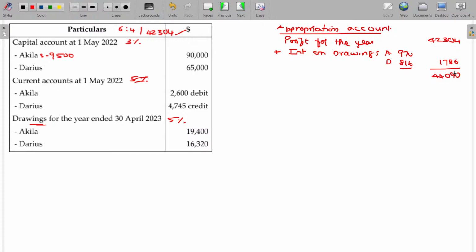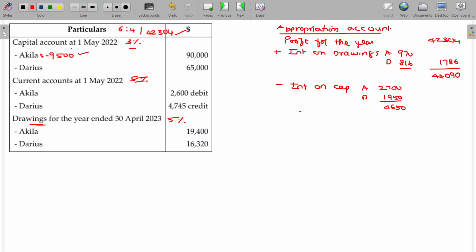Is that okay? Less: interest on capital for Aquila and Darius. On their capital, 3% will be calculated. So for the first capital, 3% being 2,700. For 65,000, 3% being 1,950. Overall value being 4,650.